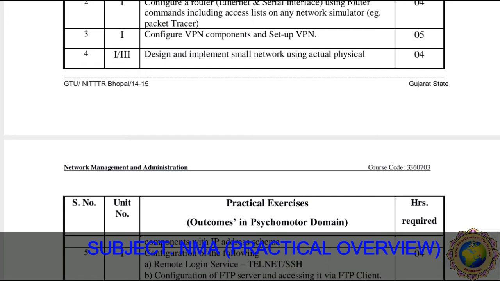This is a demo example of a network using actual physical components with an IP address scheme. In our college system we use DHCP, Dynamic Host Configuration Protocol, not static addressing. This practical requires 4 teaching hours.